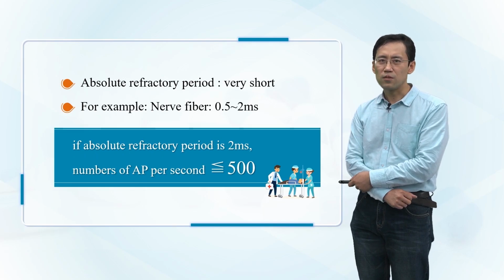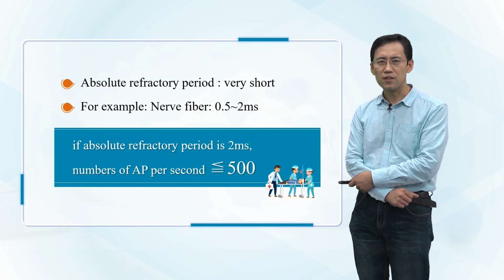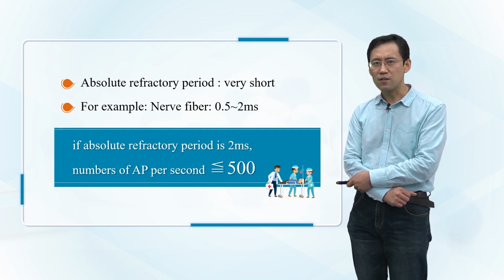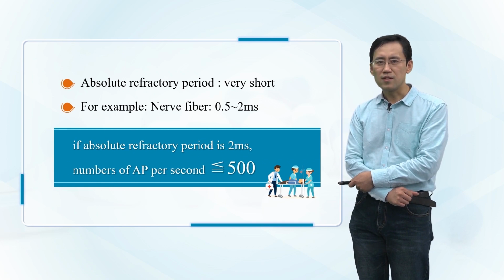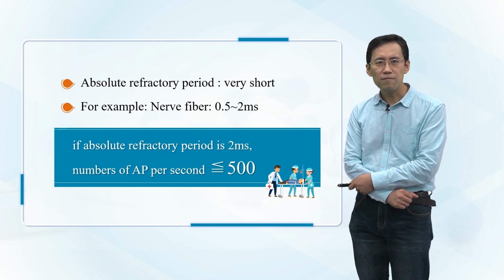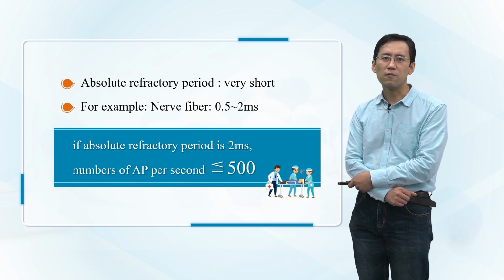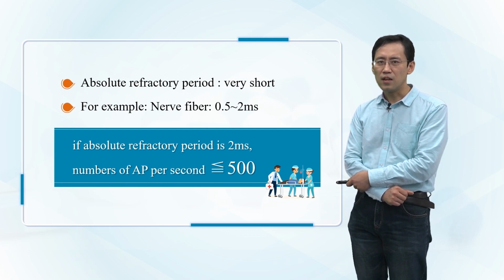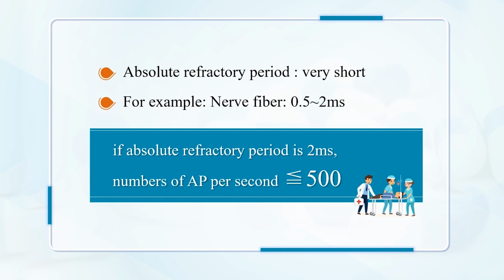The absolutely refractory period is very short, for example for a nerve fiber, smaller than 2 milliseconds. If the absolutely refractory period is 2 milliseconds, the upper limit of the number of action potentials per second is 500.